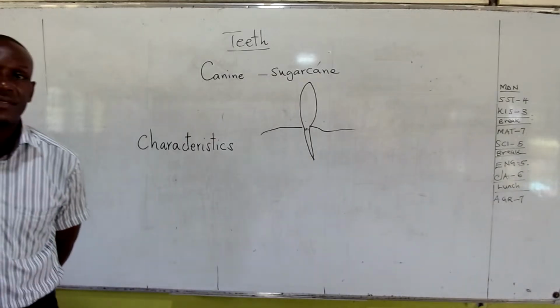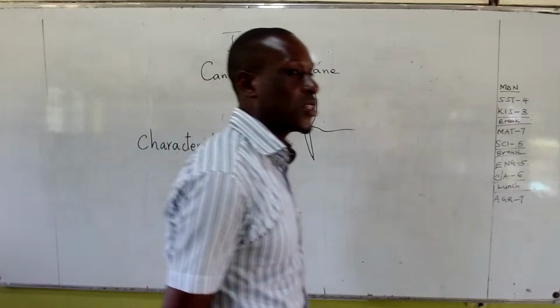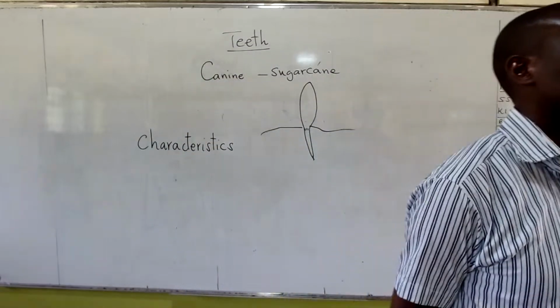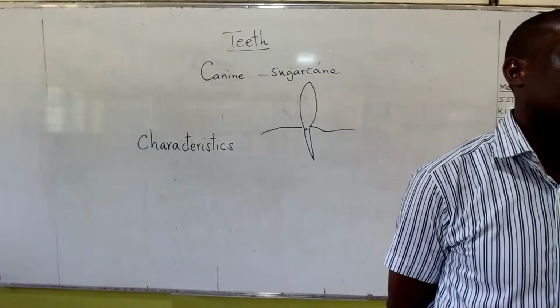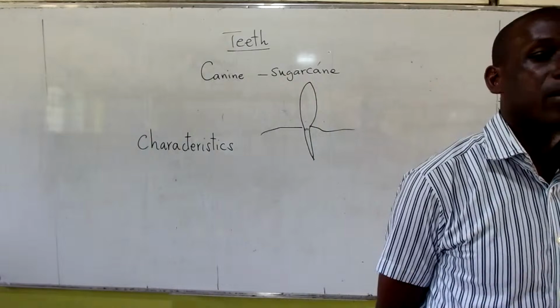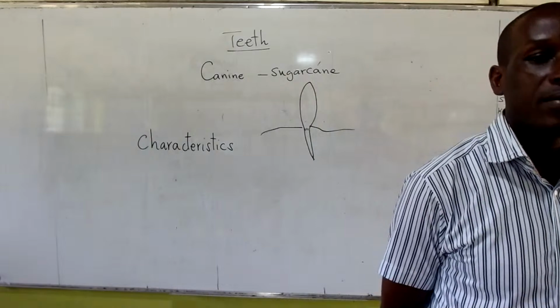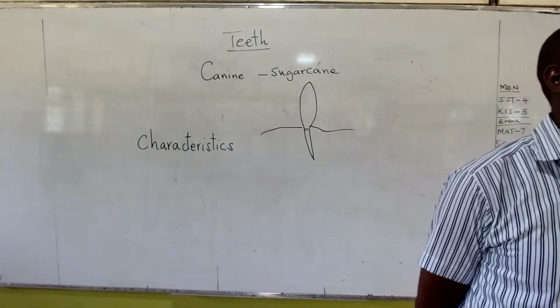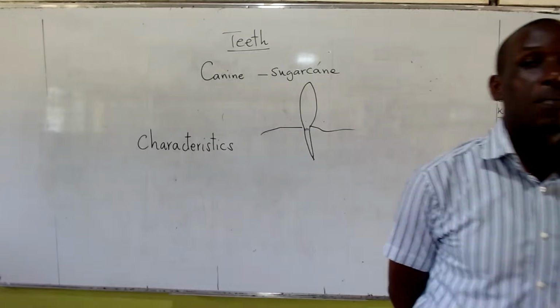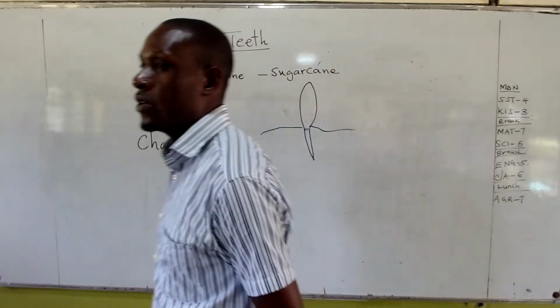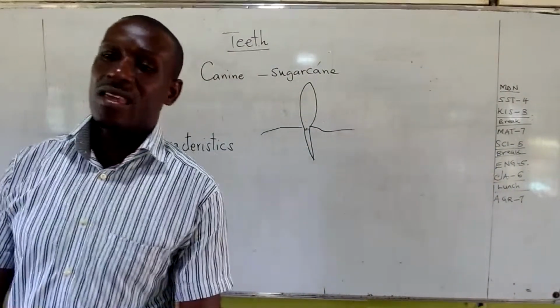Gloria, which two things are living? Hey, that's a very simple question. Yes, animals and plants. Animals and plants are the two living things.